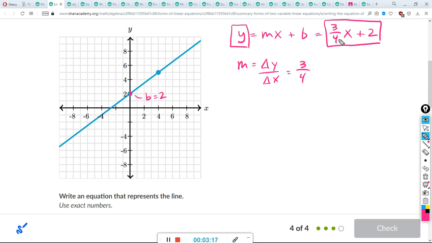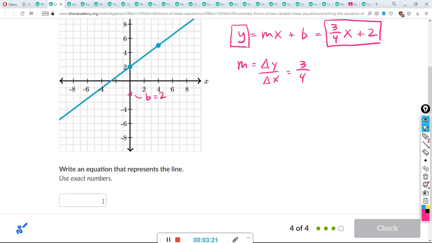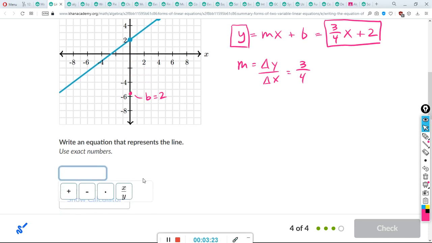It's going to be y equals 3/4 x plus 2. I'm going to type y equals 3, hit the fraction button, fourths, then click out front x. So it says 3/4 x, and then plus 2.